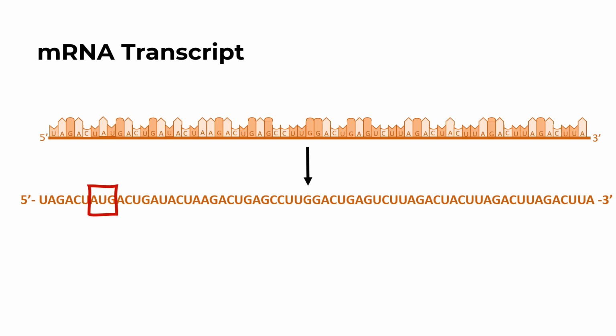Now, each group of 3 nucleotides after the start codon will correspond to an amino acid. Until we reach a stop codon. In this sequence, the stop codon is UAG.